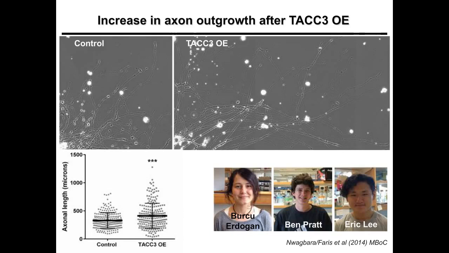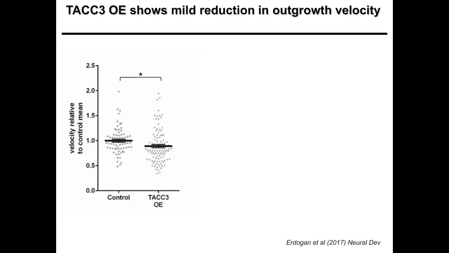What we found is that overexpressing TACC3 and then plating these neurons and culturing them to see how they grow, overexpression of TACC3 leads to longer axons. And what Burcu found through time-lapse imaging was that the longer axons were not due to faster outgrowth velocity. And in fact, there was actually a mild reduction in outgrowth velocity.